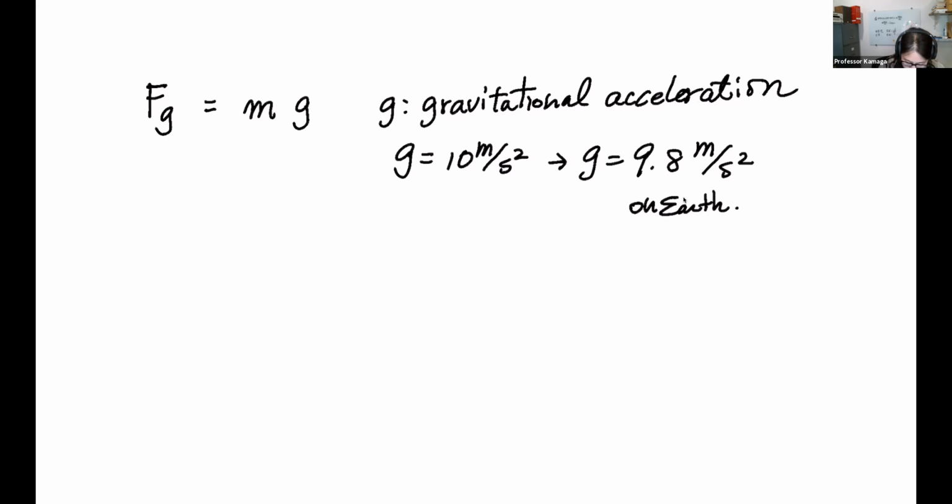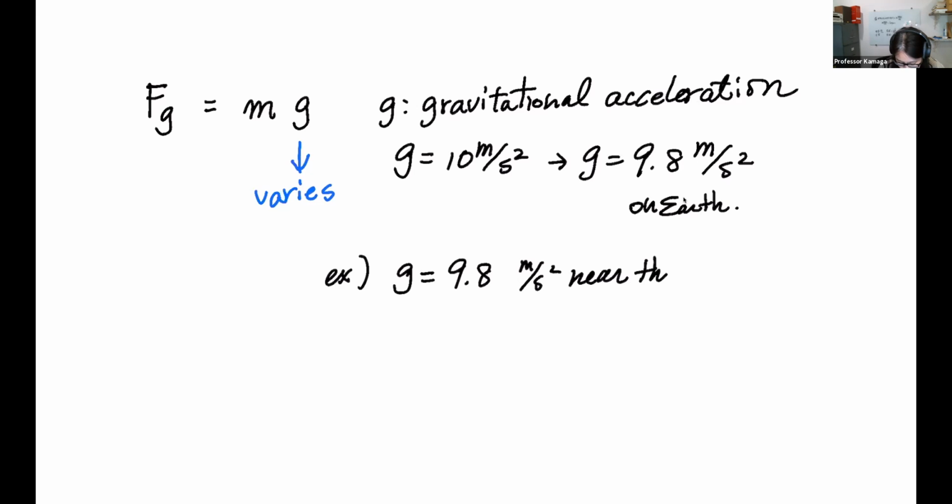But this little g actually varies. For example, like I said, g equals 9.8 meters per second squared near the surface of the Earth.